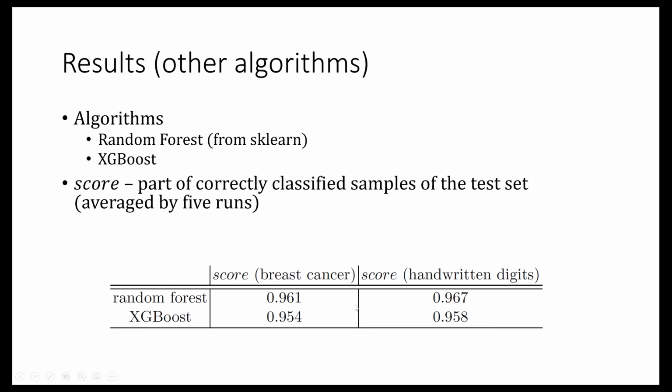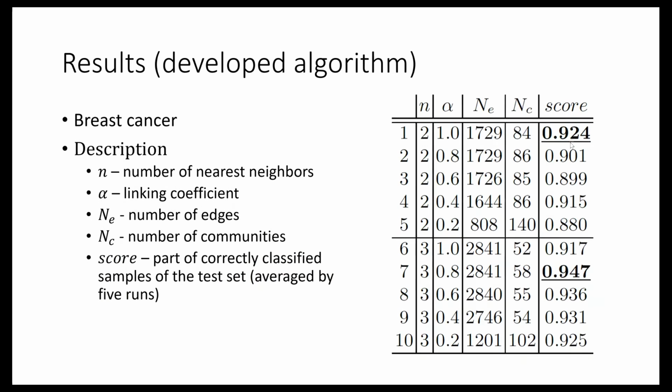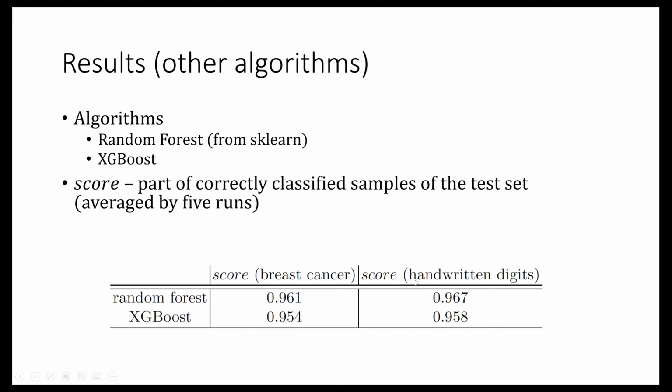And you can see that for the breast cancer dataset, both random forest and XGBoost perform a bit better. So here you see 95, 96% of correctly classified elements, and I have 94 and 95 approximately. But for the handwritten digits dataset, random forest and XGBoost underperform my algorithm.